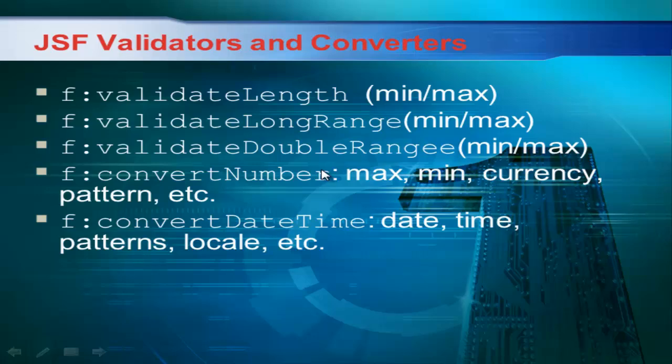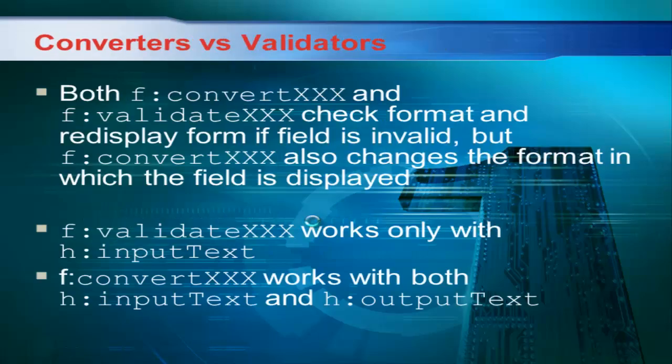Then I've shown you two other things. These are validators, these are converters. You know the meaning of converters. You are trying to convert a given text into a number, or into a date format. What's the difference between converters and validators?